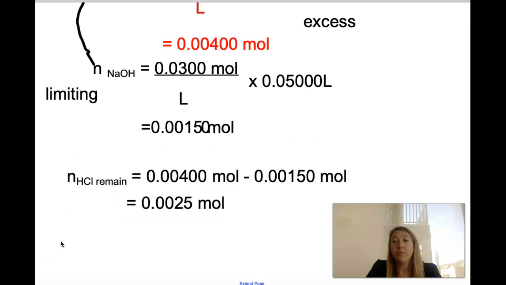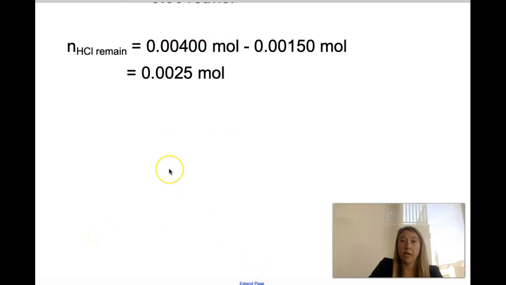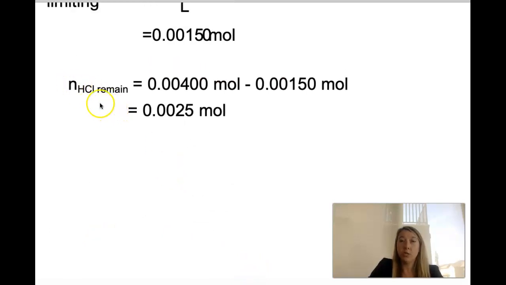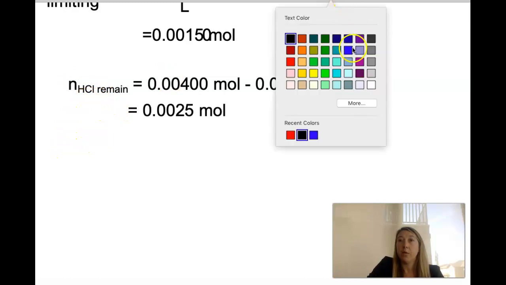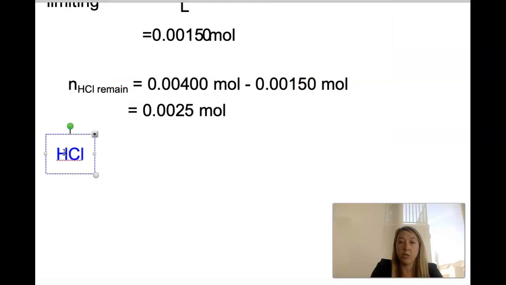So now we've neutralized all the sodium hydroxide. There is none left, but we have hydrochloric acid in excess. The question is asking us to determine the concentration of hydronium. We've now determined how many moles of HCl we have. So now what we need to do is write an ionization equation, because we have that hydrochloric acid.